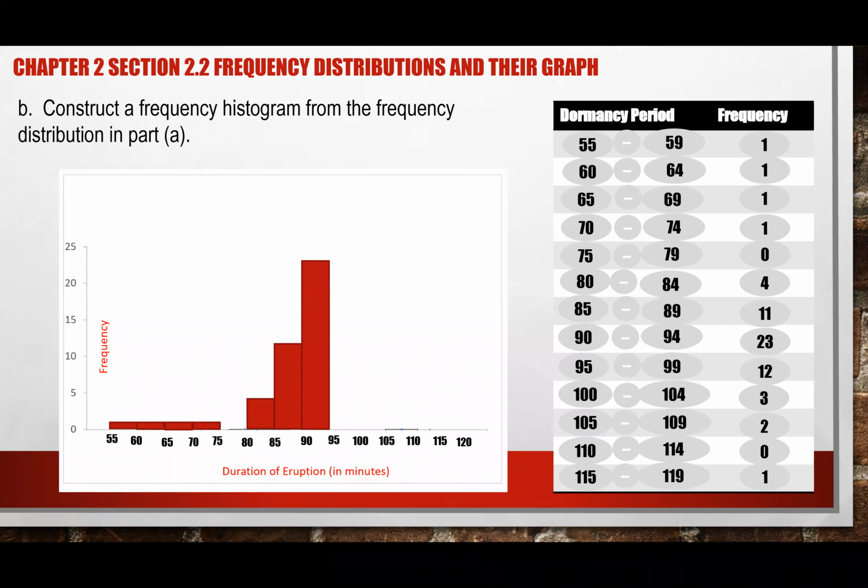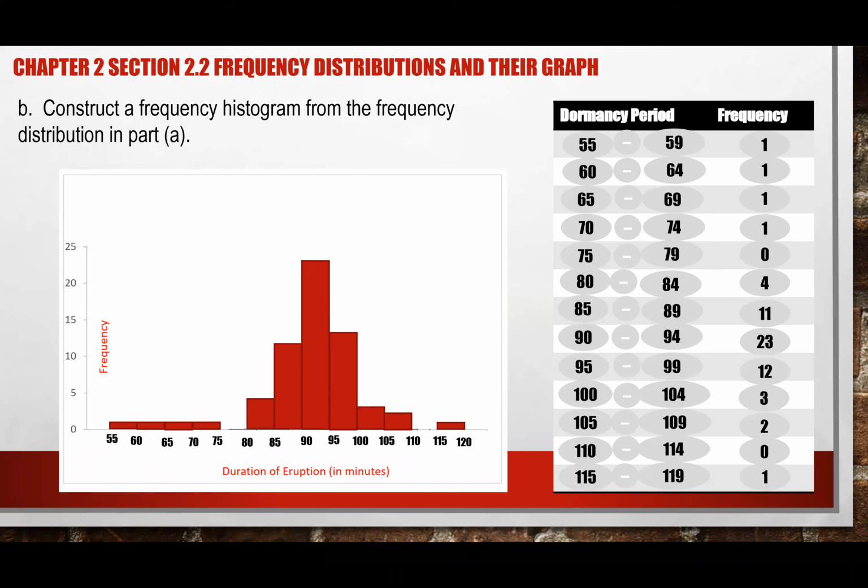And again, 23, 12, 3, 2, 1. So looking at this, this is your histogram. Like I mentioned, you just put your lower limit from 50 to 60, and that's why the boundary is there, and so on and so forth. This does not really overlap at 60, it's just that they meet exactly at 60. Okay. So again, any question on how to construct the histogram?